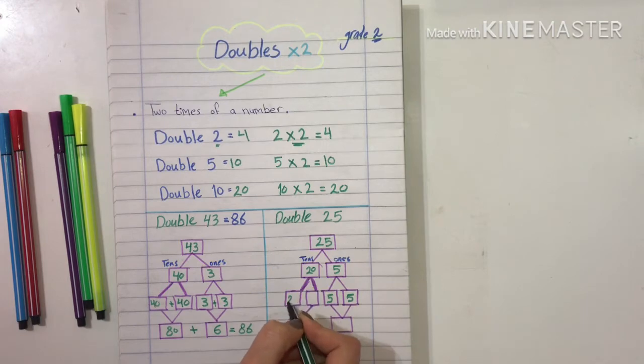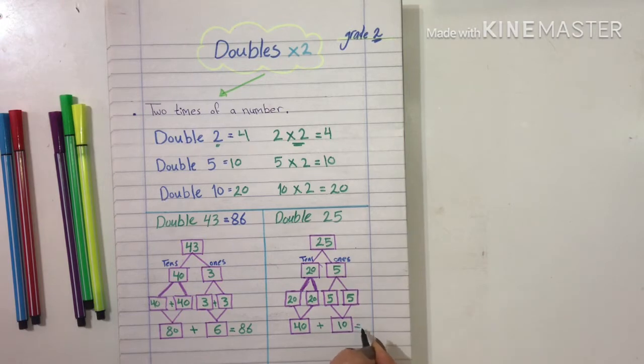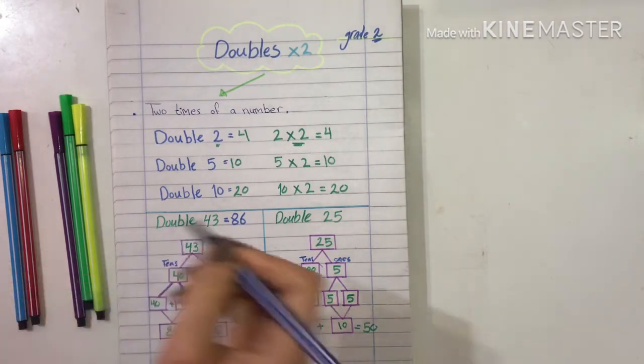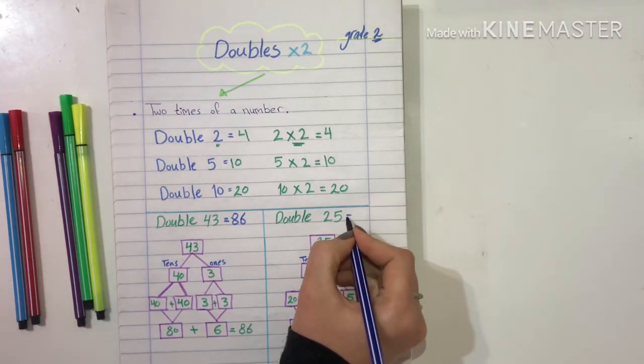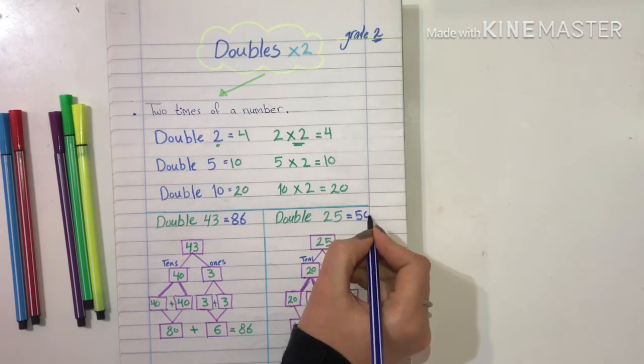Double the tens means 20 and 20. 5 and 5, 10. 20 and 20, 40. So 40 plus 10 equals 50. So double 25 is 50.